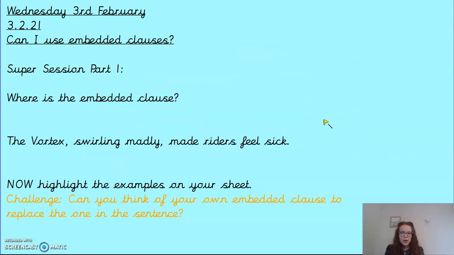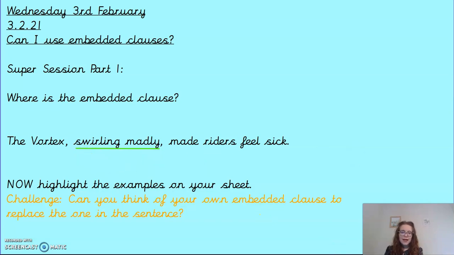Okay, super session part 1. Where is the embedded clause? Well, remember, our embedded clause is the bit we can take out of the middle of the sentence and the whole sentence will still make sense. So here is the middle of my sentence here. It says swirling madly. Let's double check and see if it fits with the rest of our rules.